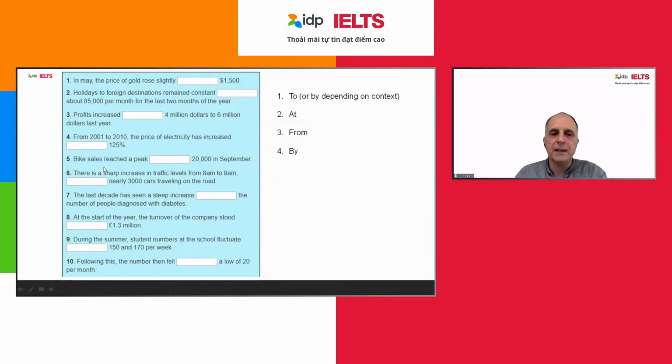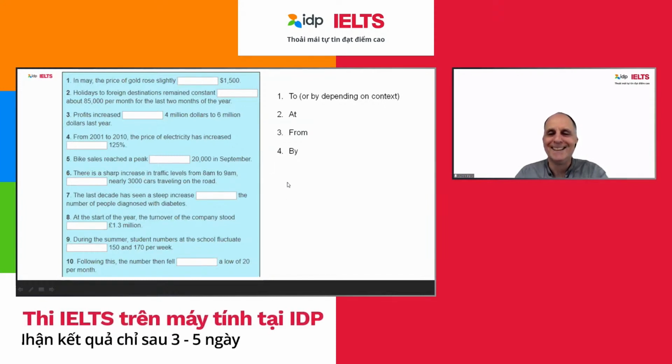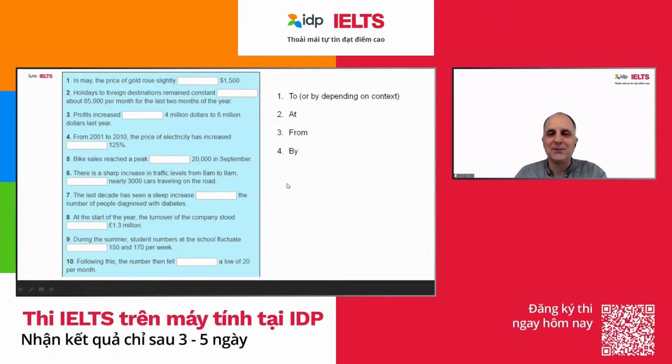Next one, number 5, a peak. Oh yeah, some of you fell for it. Yeah, a peak of. Remember, bike sales peaked at, if it was a verb, reached a peak of when it's a noun phrase. Okay.